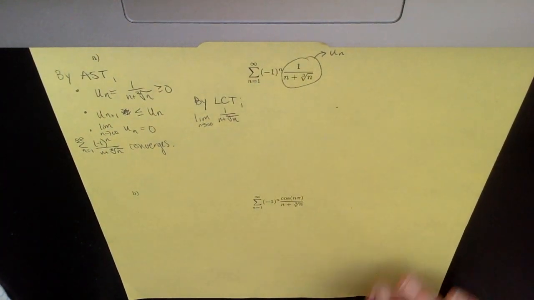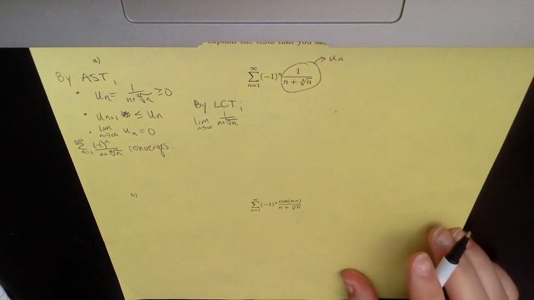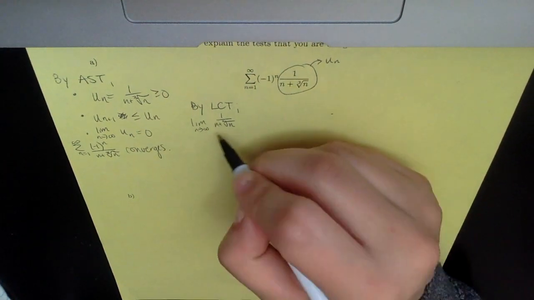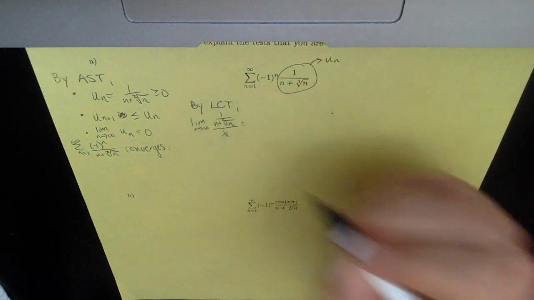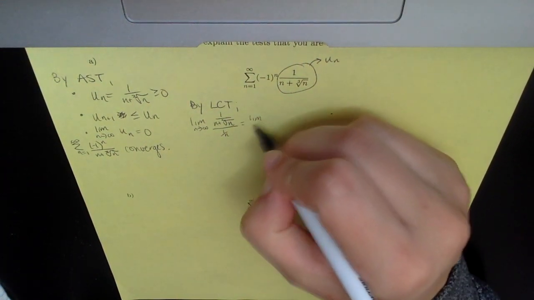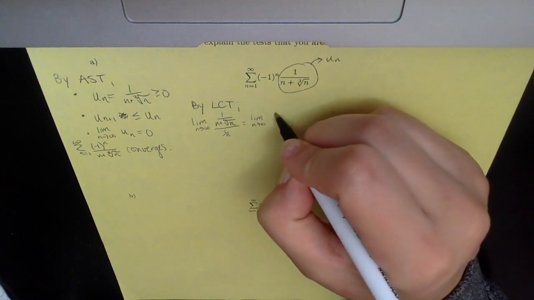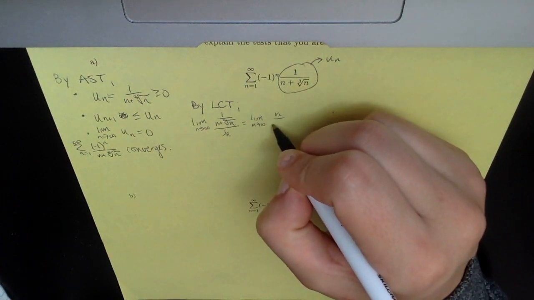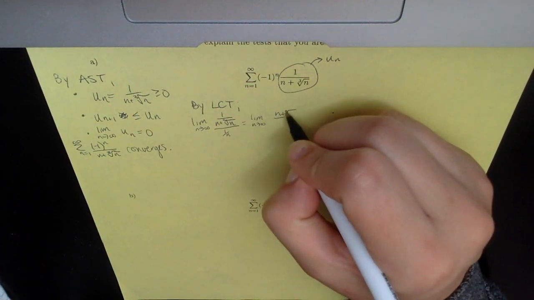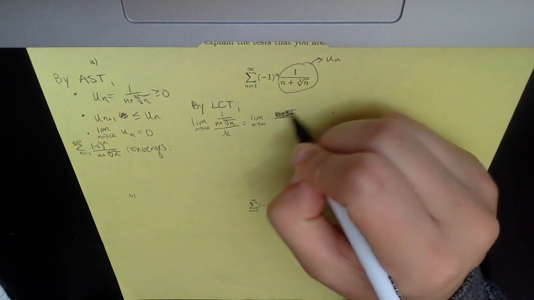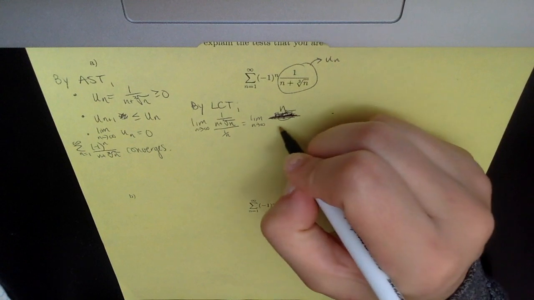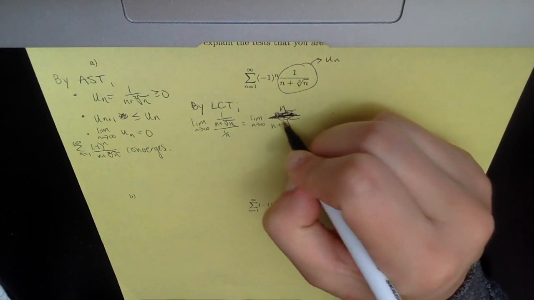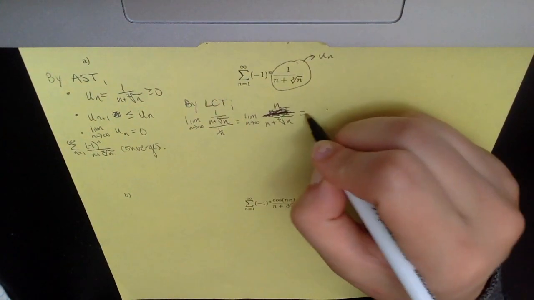That just gets rid of the negative 1 to the n. So the limit of 1 over n plus the cube root of n over 1 over n is the limit as n goes to infinity of n over n plus cube root of n, which is 1.